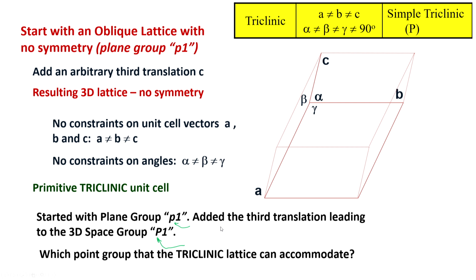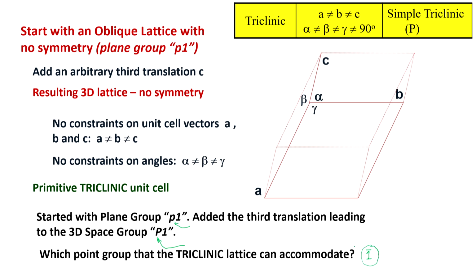So, this is something that we will maintain in a consistent manner. Now, which point groups can the triclinic lattice accommodate? One is point group 1. The triclinic lattice is able to accommodate the point group 1, which is essentially no symmetry, but can it accommodate any other symmetry? For now I will just write down that symmetry, and then we will come back to it later, that it can also accommodate the inversion center.